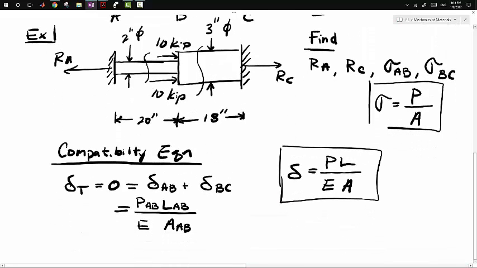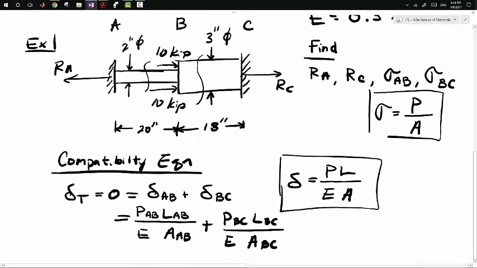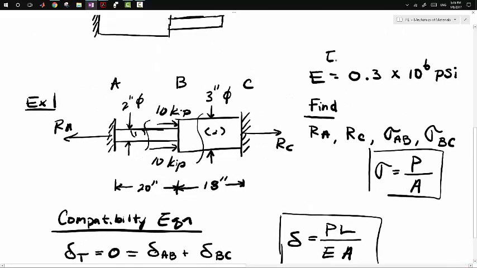So our delta BC is going to be our axial load in BC, the length of BC divided by the Young's modulus and the cross-sectional area of BC. And we'll say that the Young's modulus for both of these rods, 1 and 2, are the same. So our E1 equals E2, which equals E.